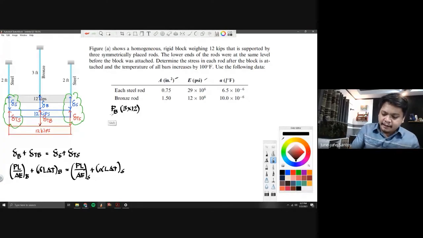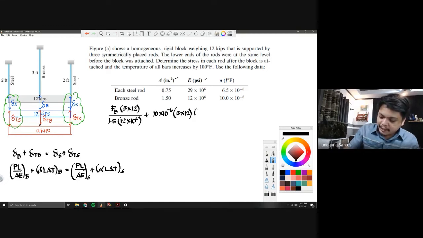And then all over, ang A ng bronze is 1.5, at ang E ng bronze is 12 times 10 to the 6. Plus, yung alpha ng bronze is 10 times 10 to the negative 6. Ang L is 3 times 12. Ang delta T natin is increased by around 100 degrees Fahrenheit. Okay?